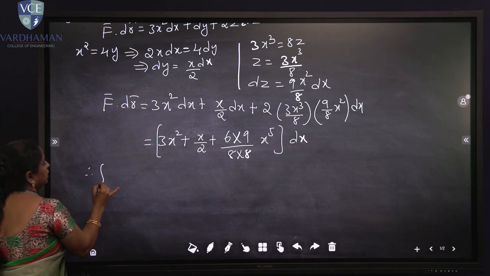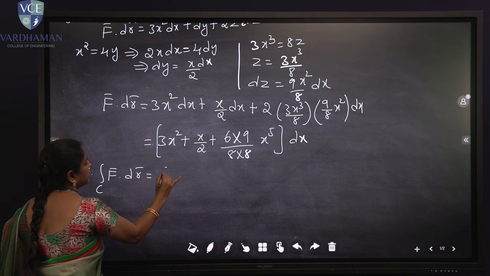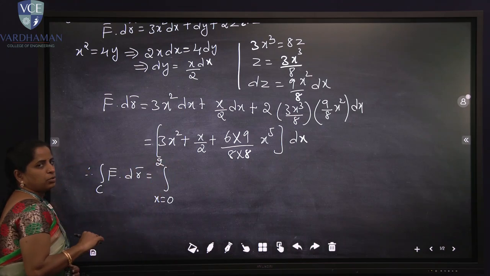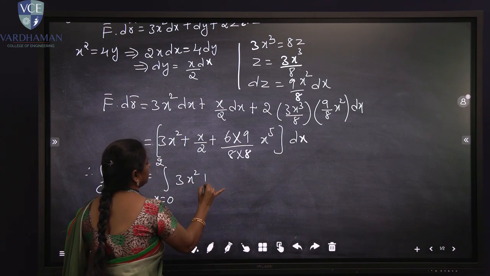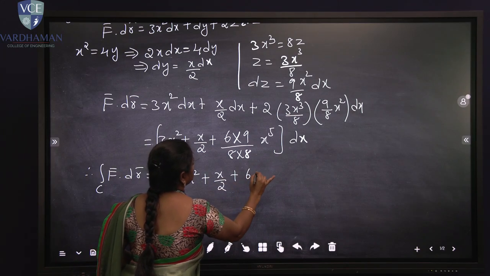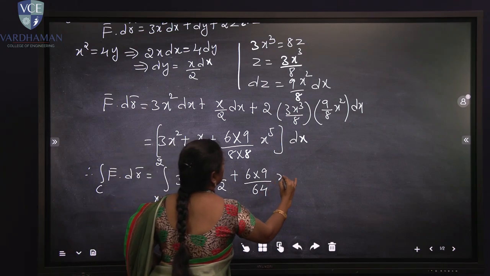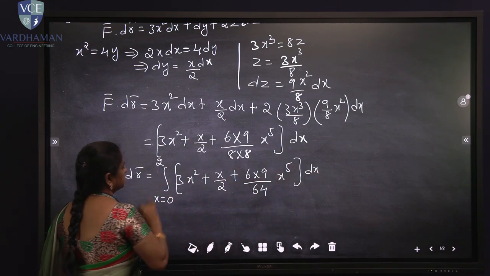Therefore, work done by the force, integral C F bar dot dr bar, equal to the integral with x varying from 0 to 2 of 3x square plus x by 2 plus 6 into 9 by 64, x to the power of 5, dx.